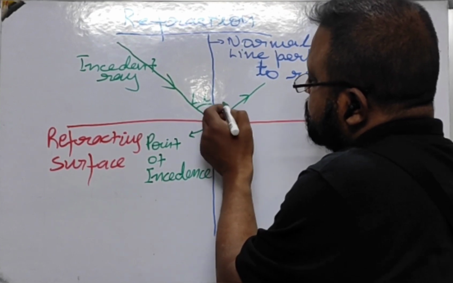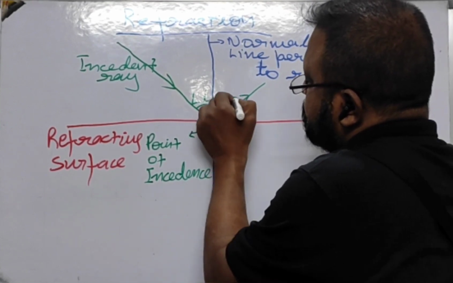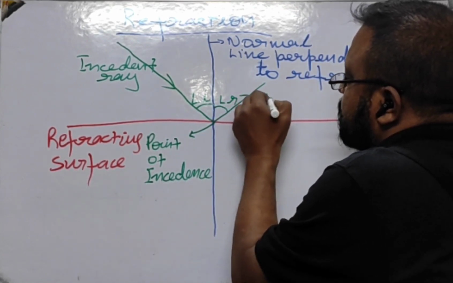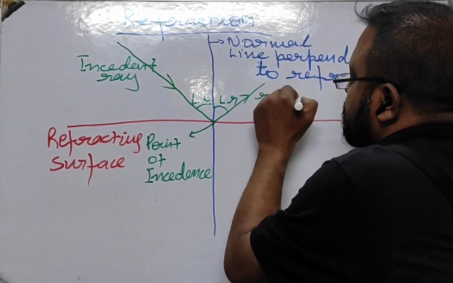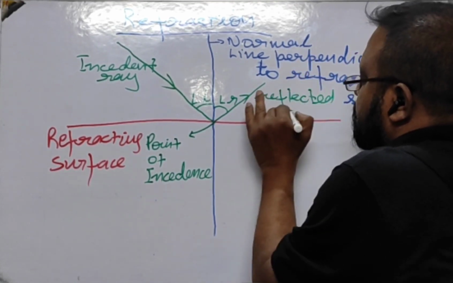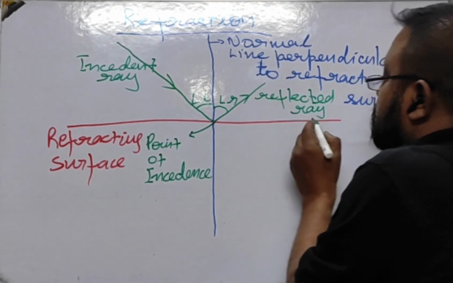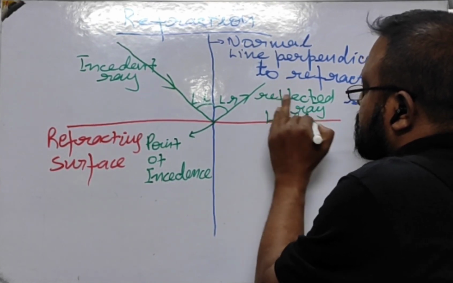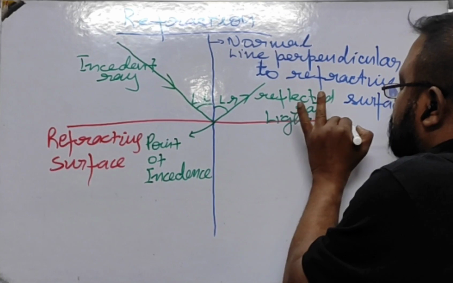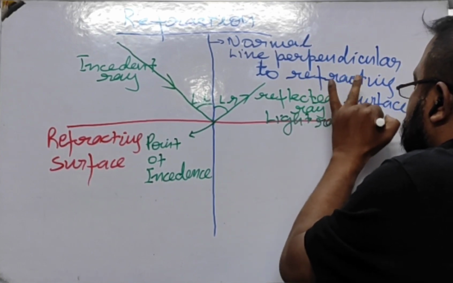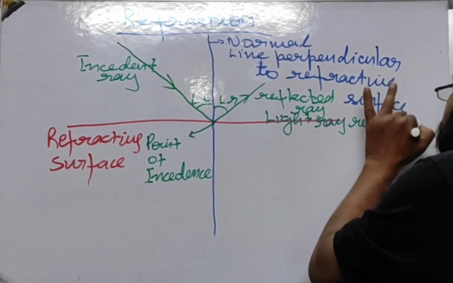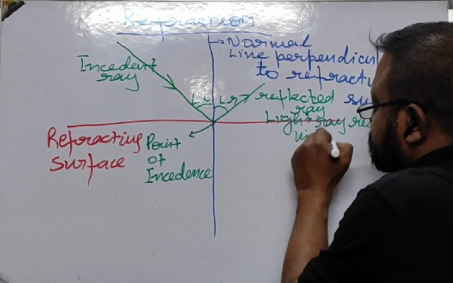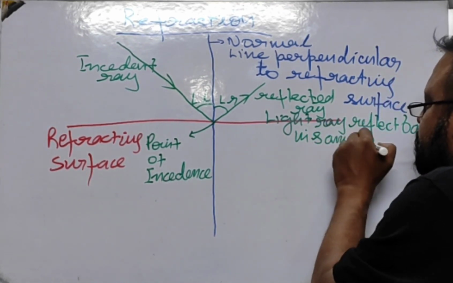This is known as the angle of reflection. It is called the reflected ray, right?